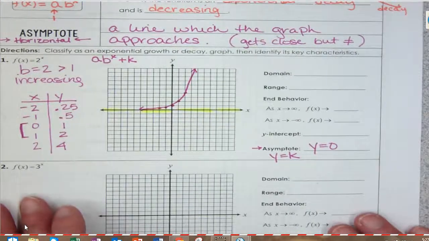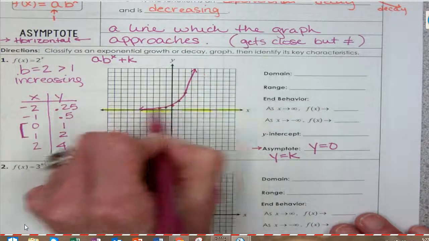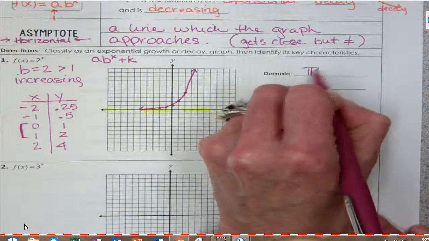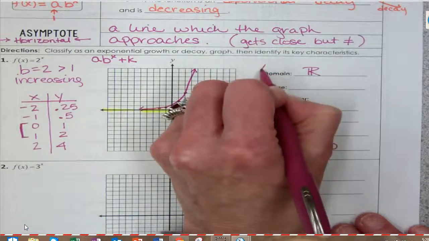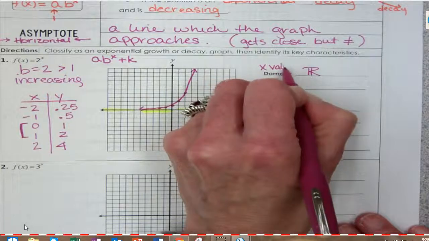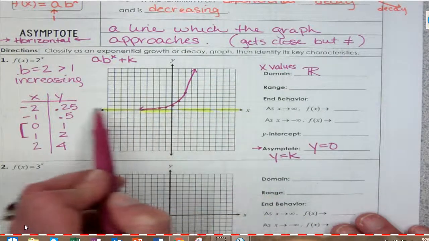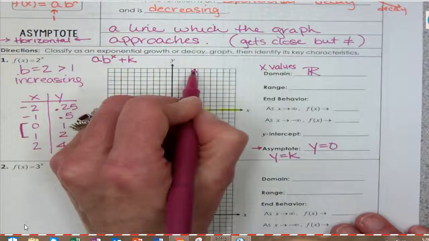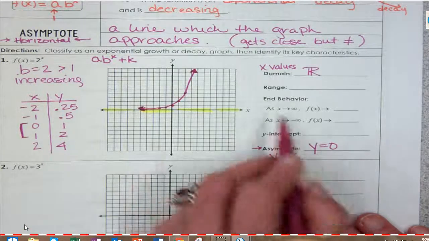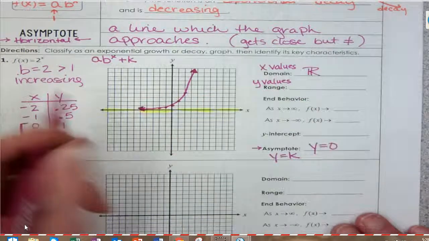Okay? Now, my domain: there's no limitation on x, so it's going to be all real numbers. The arrow goes this way, it goes on forever. The arrow goes out this way, which goes on forever. My range, my y values, there is a limitation on.